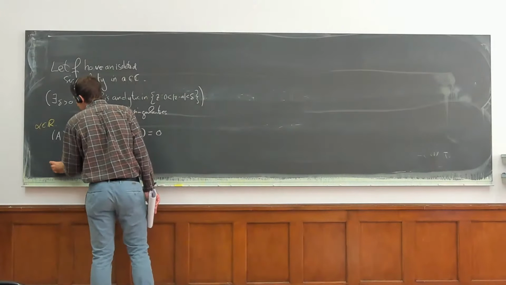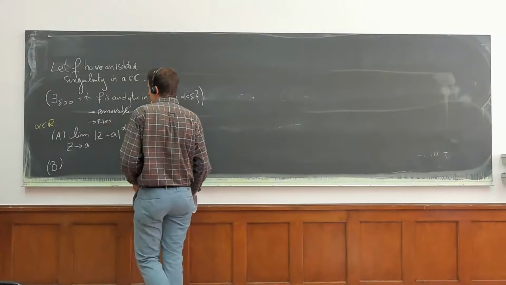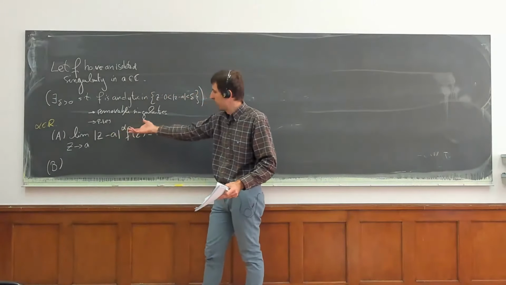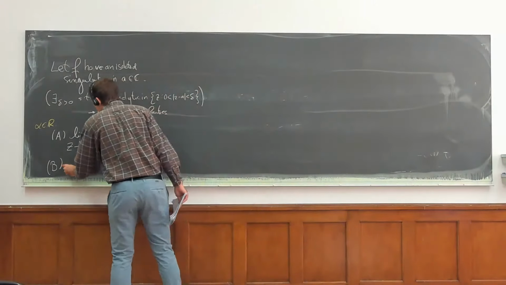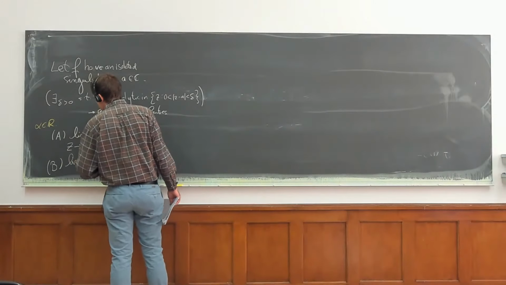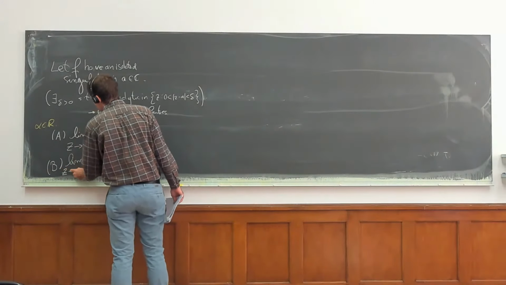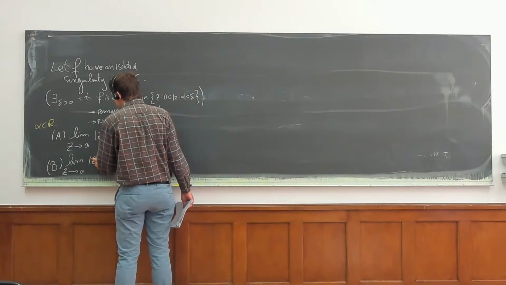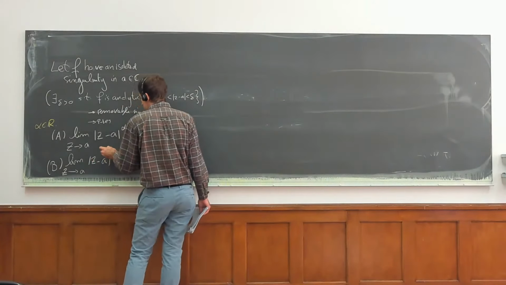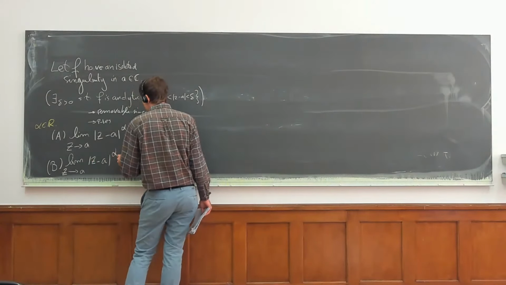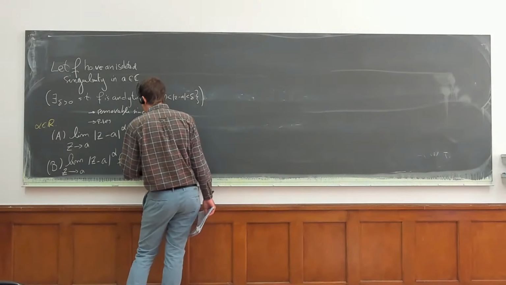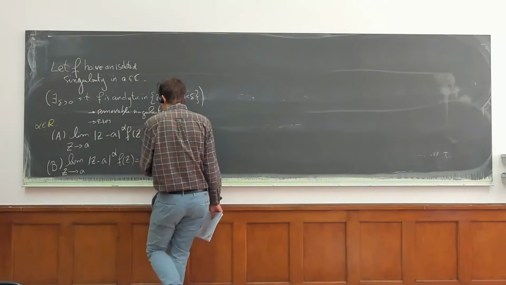And property B, which of course is a property for a given alpha, is that the limit as z goes to A of (z minus A) to the alpha times f(z) is infinity.